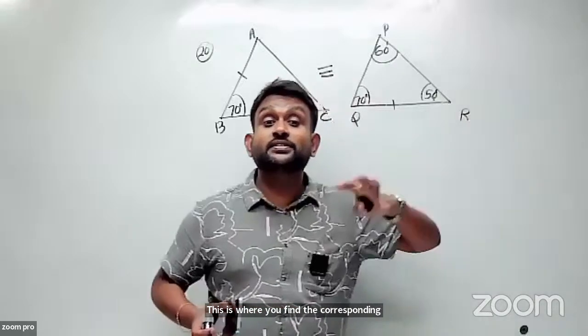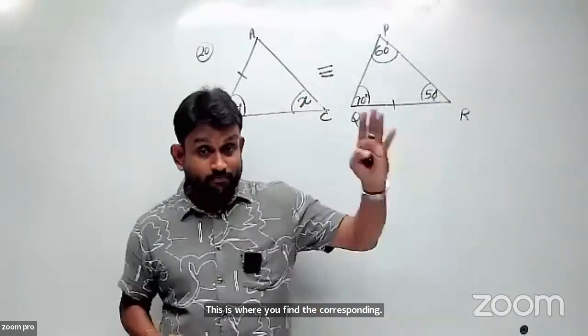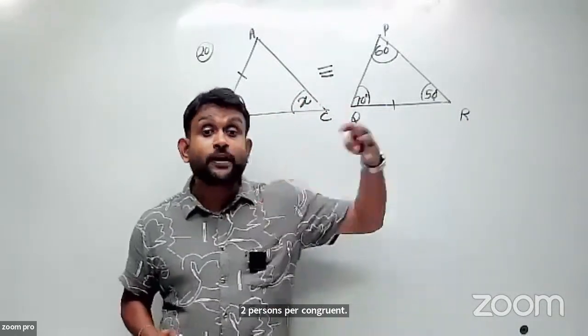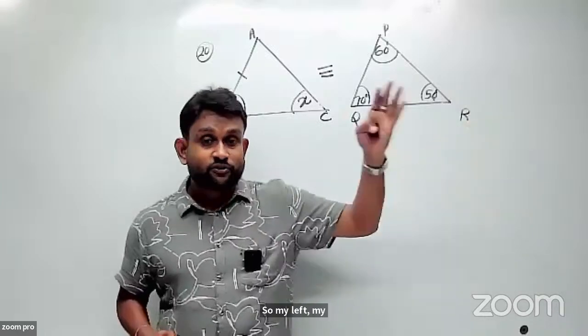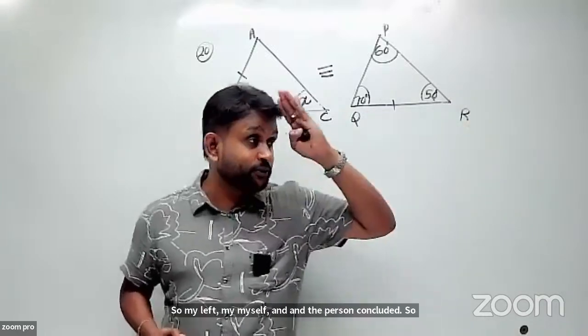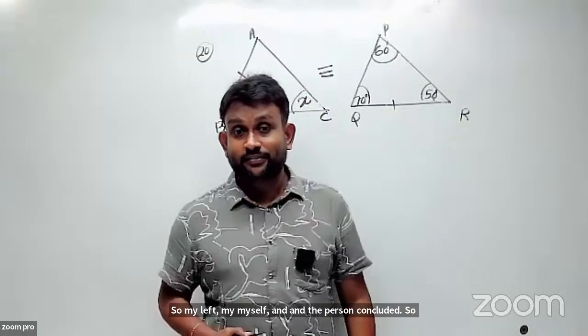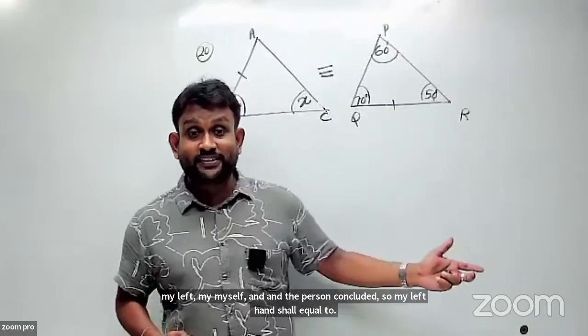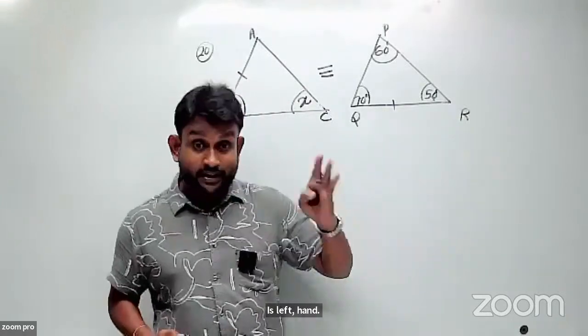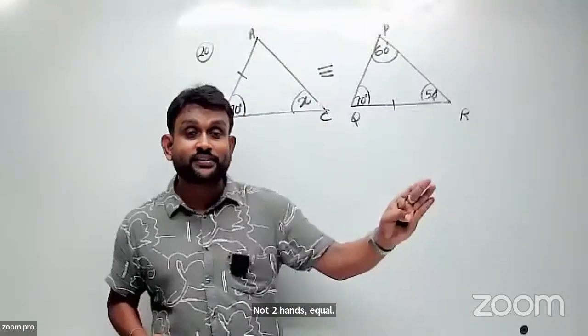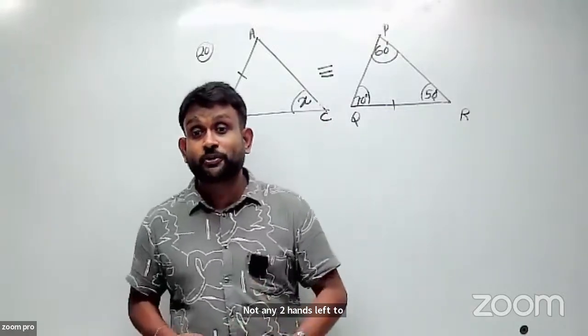Imagine two congruent persons, myself and another person. My left hand equals his left hand. Not any two hands, but left to left, right to right. Likewise, that is the correspondence.